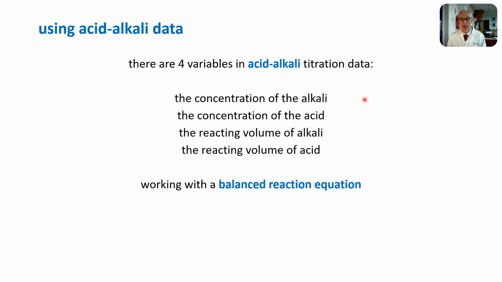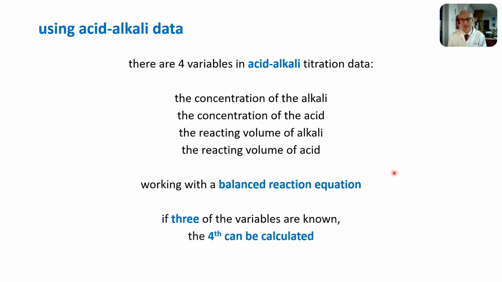We've got the concentration of the alkali, the concentration of the acid, the reacting volume of the alkali, and the reacting volume of the acid. Now, provided we are able to generate a balanced reaction equation, if we have 3 of these 4, then the 4th can be calculated.